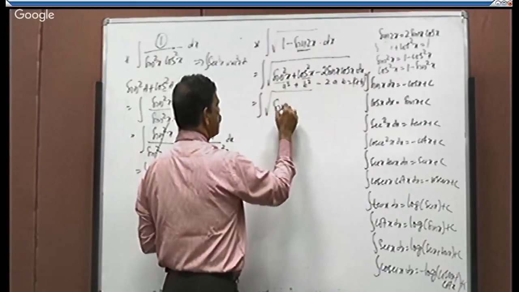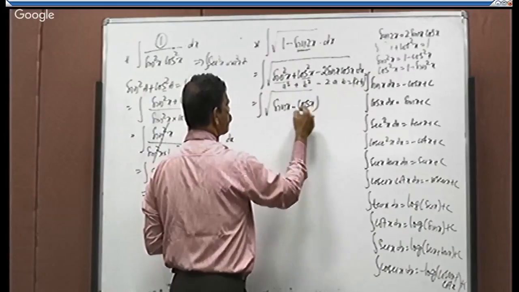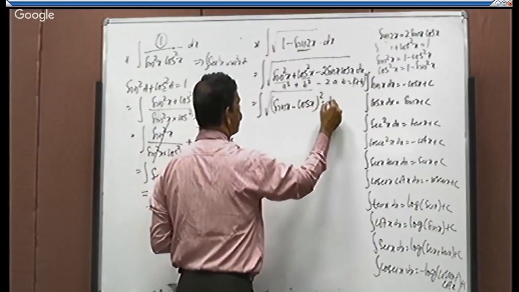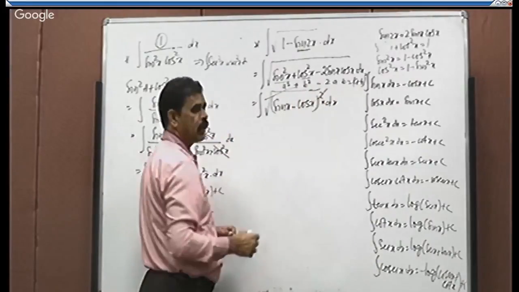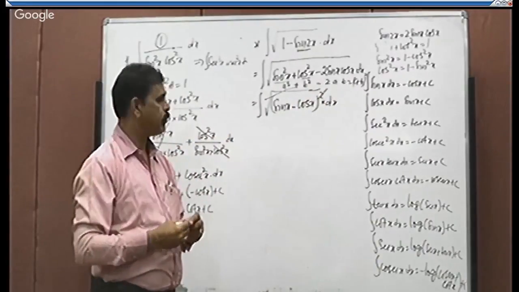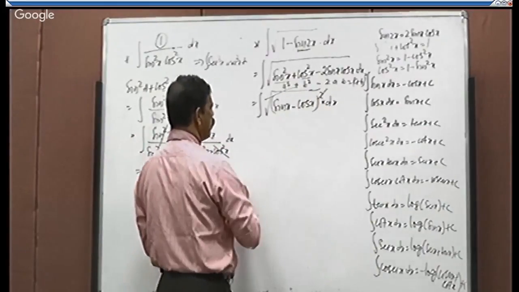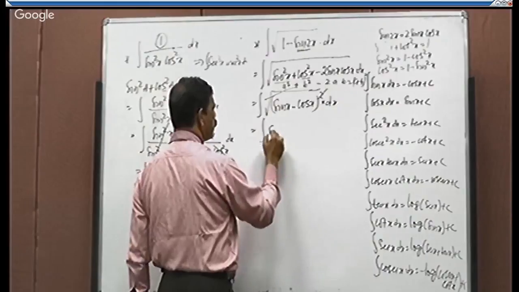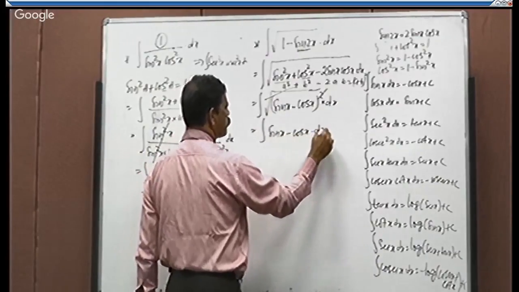Then it could be taken as sin x minus cos x whole square into dx. Correct? Now this square and root get cancelled. Sin x minus cos x whole square is in the root, therefore they get cancelled. What is remaining? Sin x minus cos x into dx.